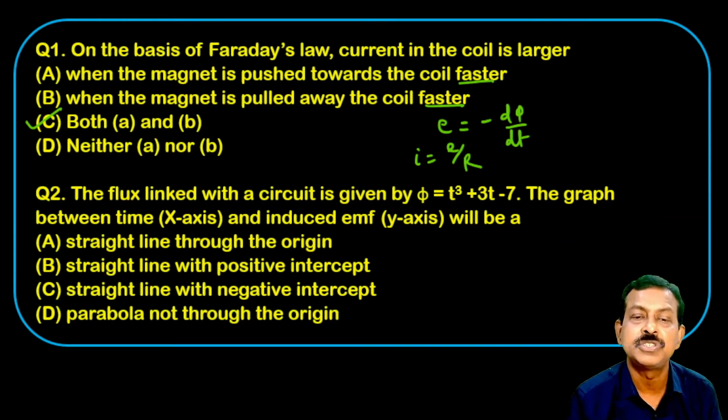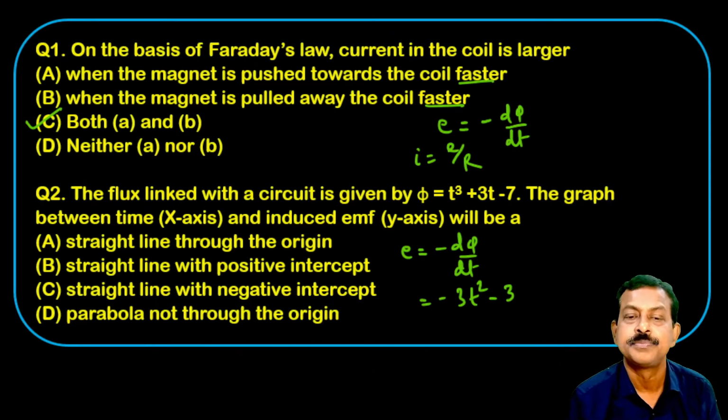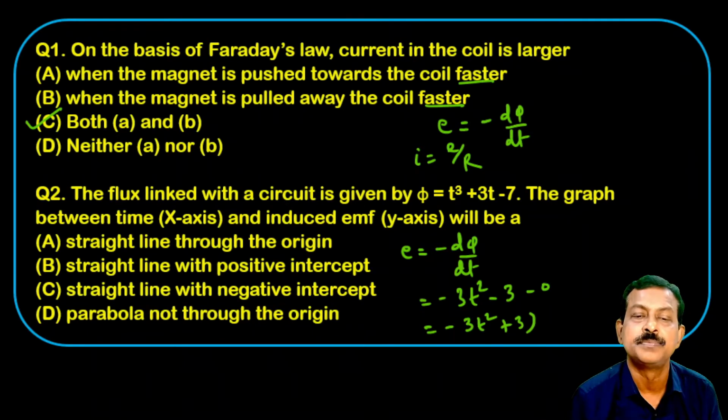So if I differentiate this to get the EMF, which is minus d phi by dt, this will be minus 3t square, then minus 3, and minus 0. So that is minus 3t square plus 3.